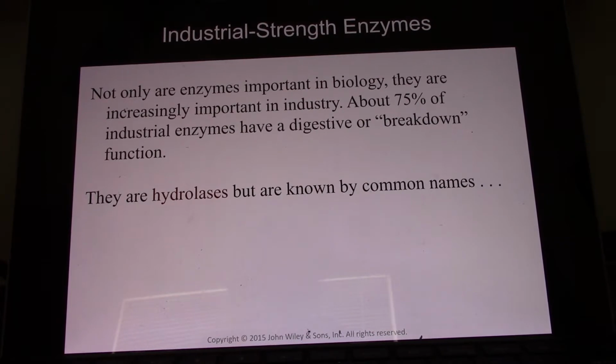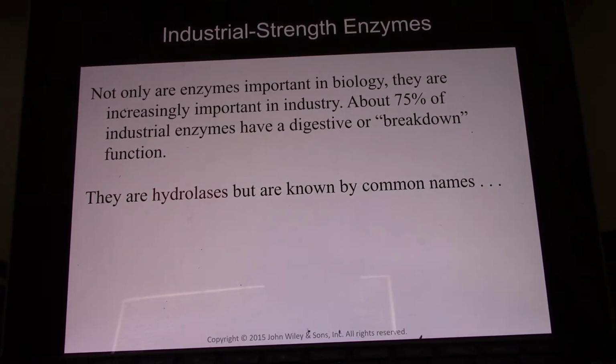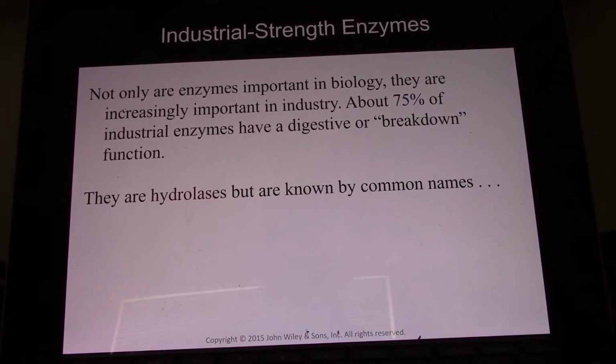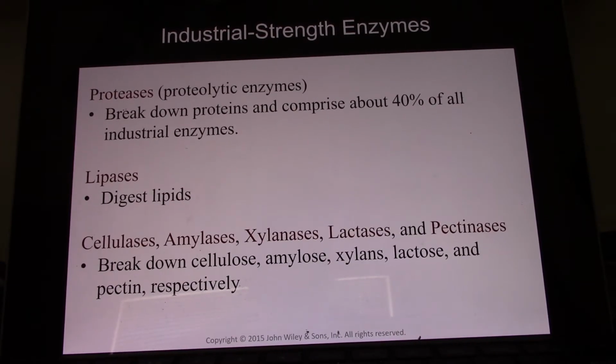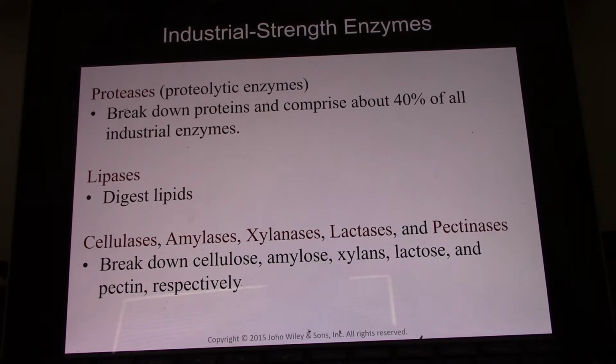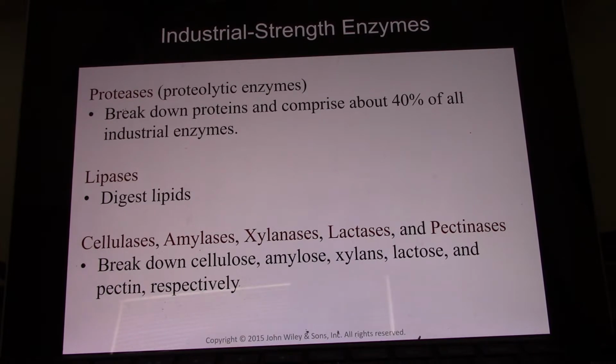Not only are enzymes important in biology, but they are increasingly important in industry. About 75% of industrial enzymes have digestive or breakdown functions. They are hydrolases, but are known by their common names. So the proteases break down proteins and chop up peptide bonds. Lipases digest lipids.